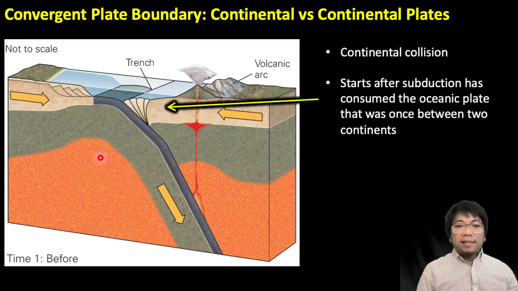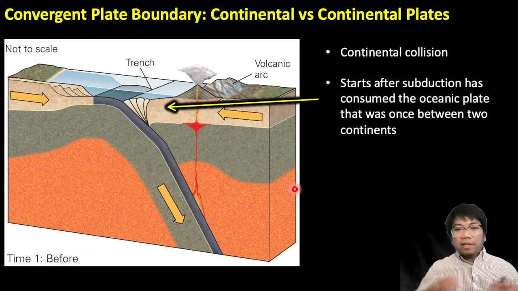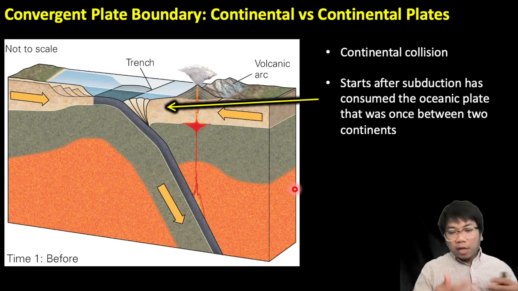And the last example for a convergent plate boundary is when we have both continental plates. Okay, so the process is called continental collision. Continental collision usually starts after subduction has consumed the entire oceanic plate that was once between two continental plates.